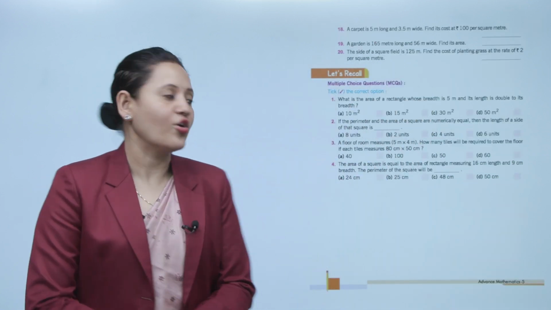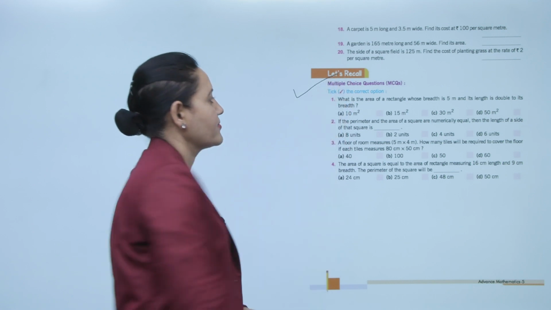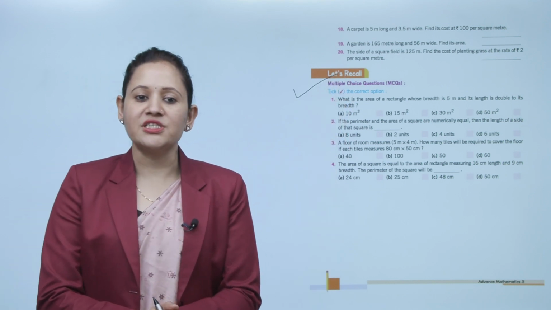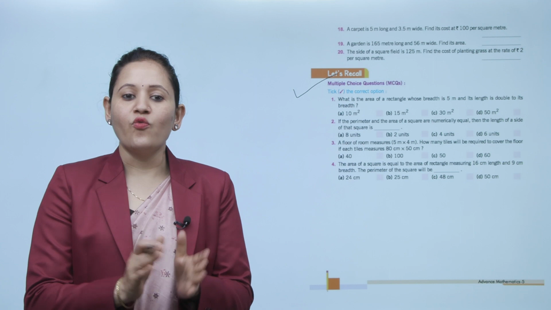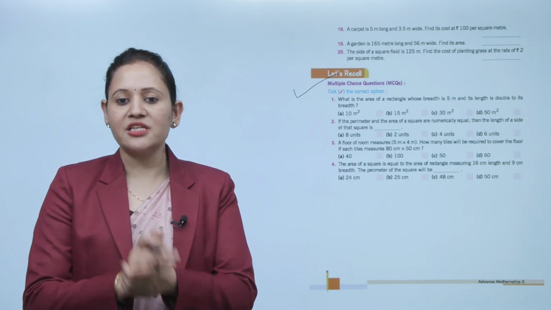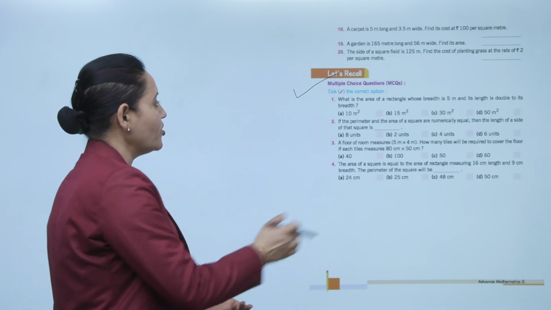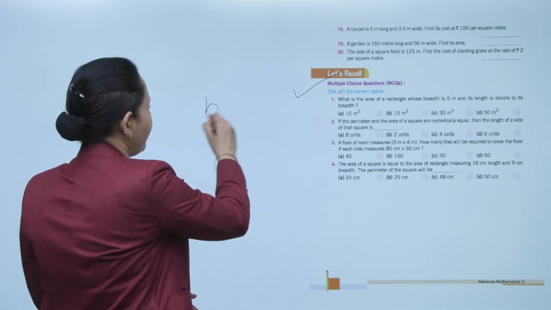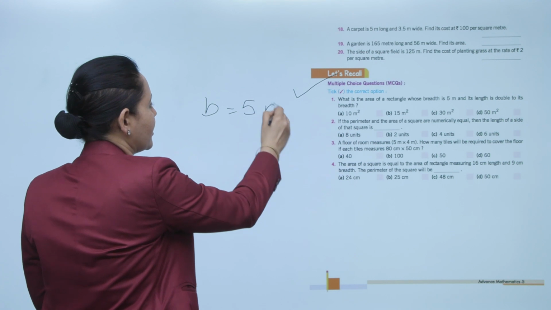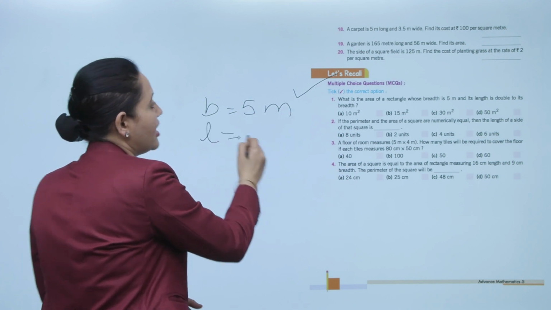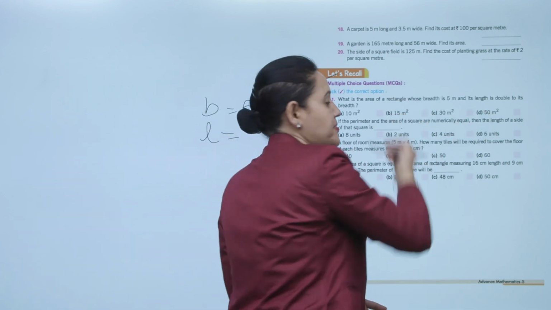Next is, let's recall. Multiple choice questions. Choose the correct option. What is the area of the rectangle whose breadth is 5 meter and its length is double of its breadth? So here breadth is given, that is 5 meter, and length is double of its breadth.